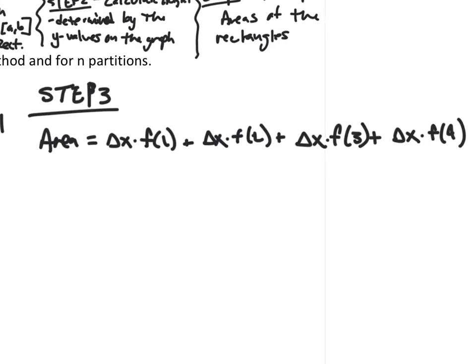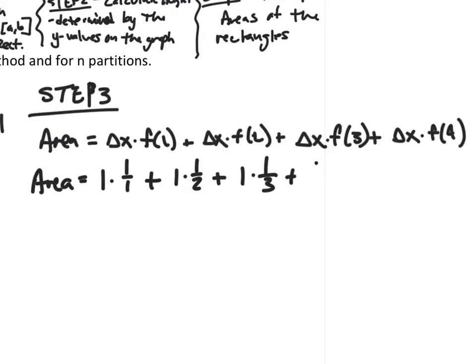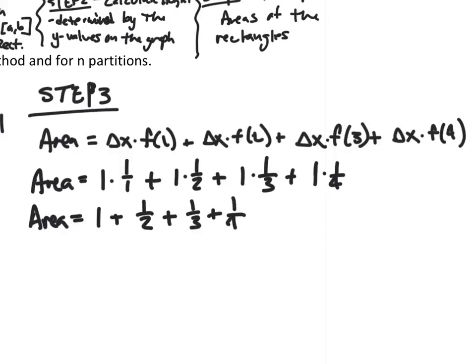So our area is equal to 1 times 1 over 1, which is just 1, plus 1 times a half, plus 1 times a third, plus 1 times a fourth. So then my area is equal to 1 plus a half plus a third plus 1/4.